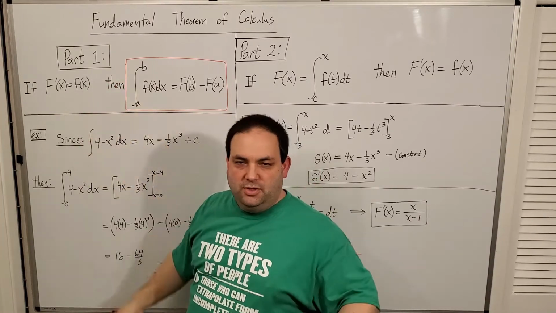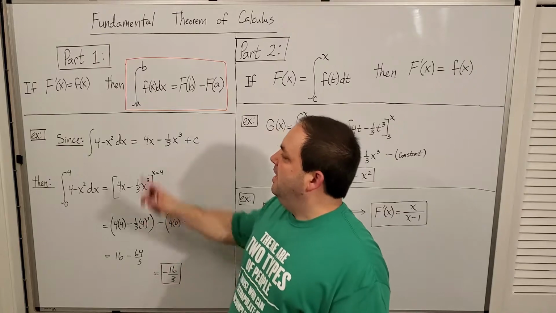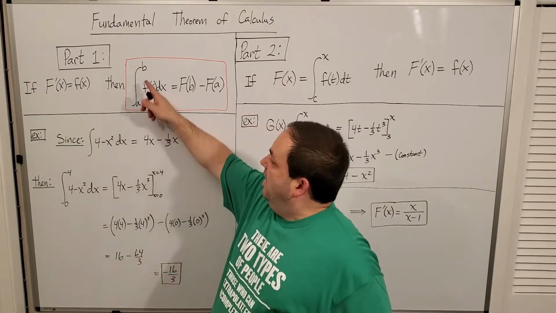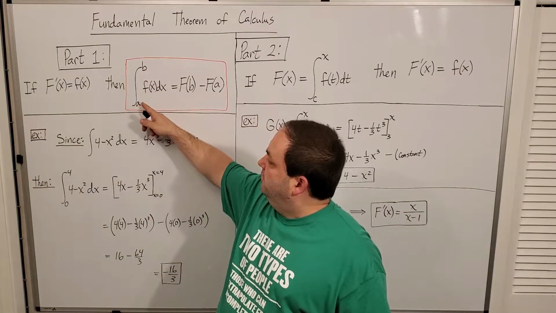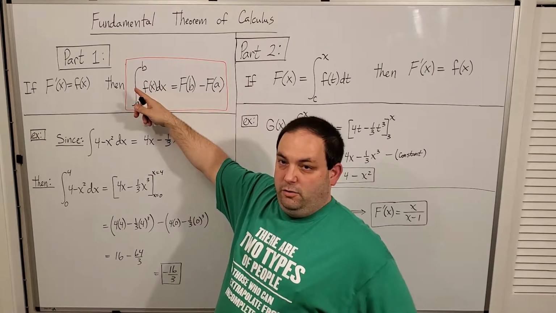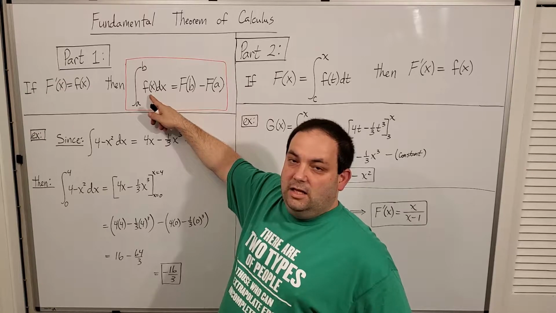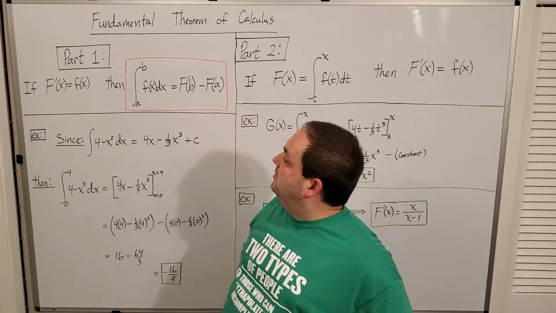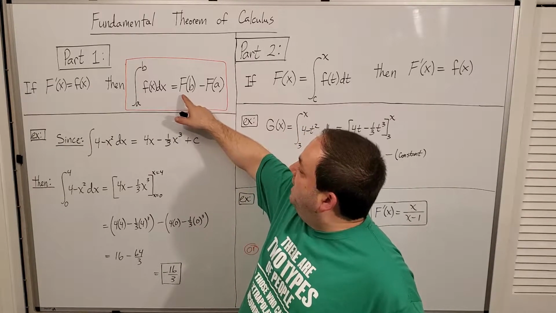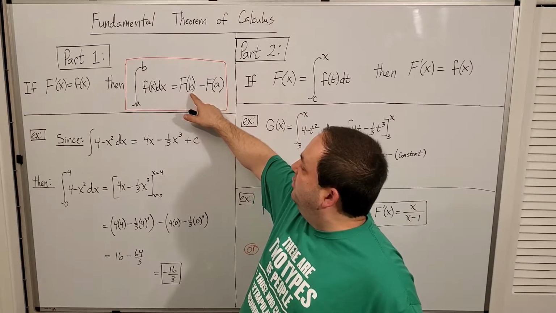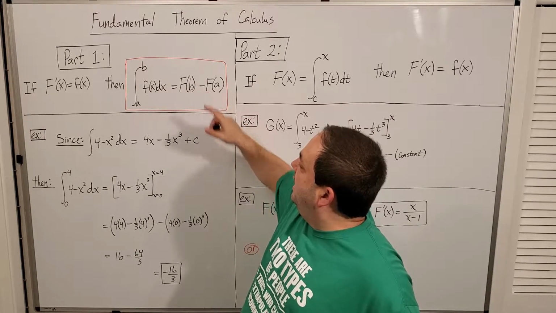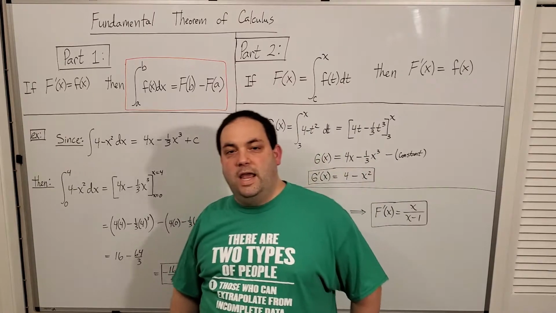This is just the names we're using, what they use a lot for these. Then the definite integral from a to b of that little f of x dx is equal to capital F evaluated at b minus capital F evaluated at a.